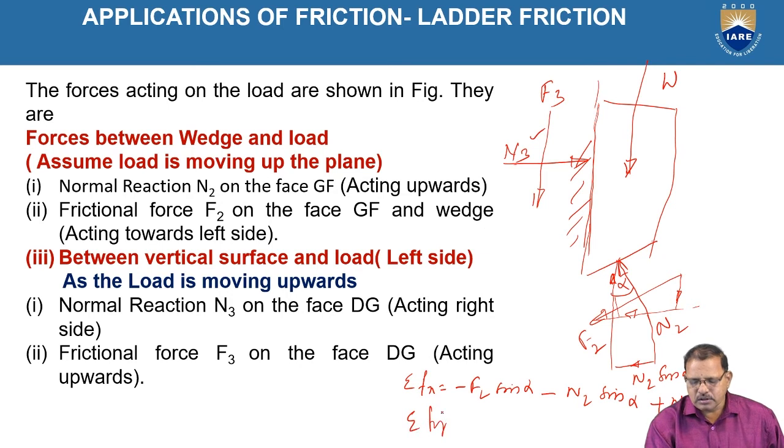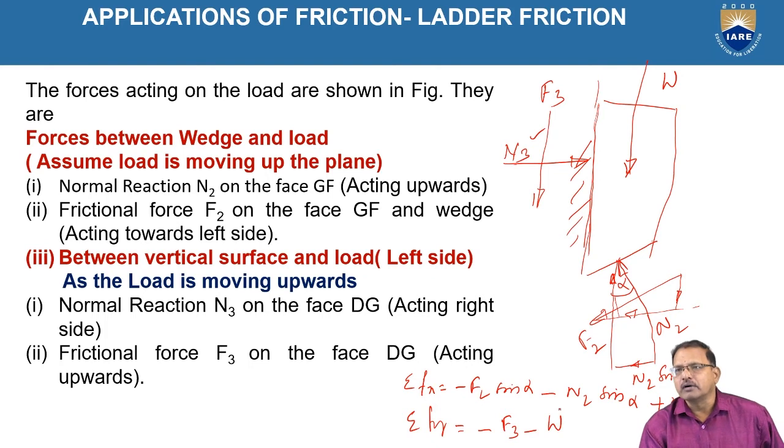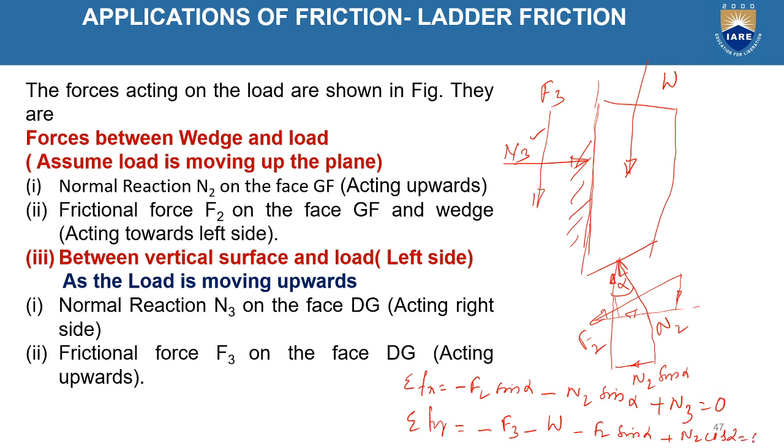Similarly, the forces which are acting perpendicular to the ground now, since F3 is acting downward directions negative, W is acting downward directions negative, the component of frictional force F2, it is equal to F2 sin alpha negative, and the component of normal reaction N2 cos alpha, it should be equal to 0.